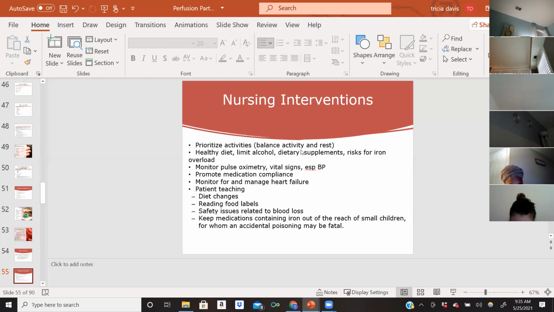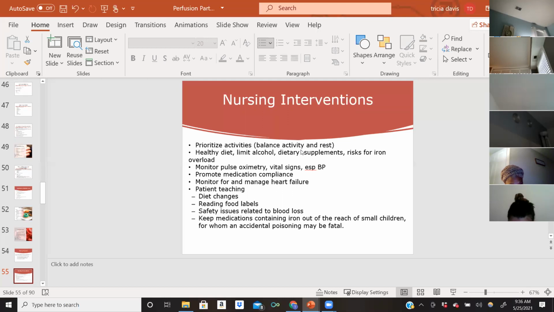So with these patients, we want to prioritize their activity. So we want to balance their activity and their rest. We want to make sure we're giving them periods of rest. We want to encourage healthy diets. We want to limit their alcohol consumption, give dietary supplements as ordered by the doctor.